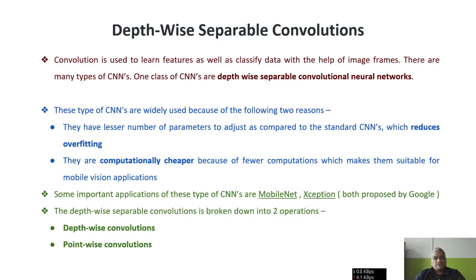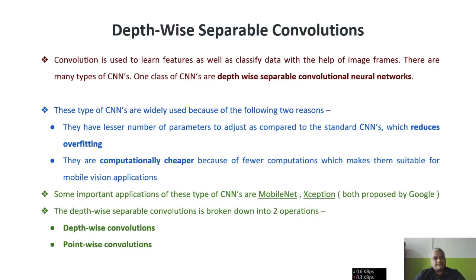So depth-wise separable convolutional networks reduce overfitting overall, because in normal CNN there is a possibility of overfitting such that the kernel size may be larger than the normal input data. So these types of complexities are reduced.